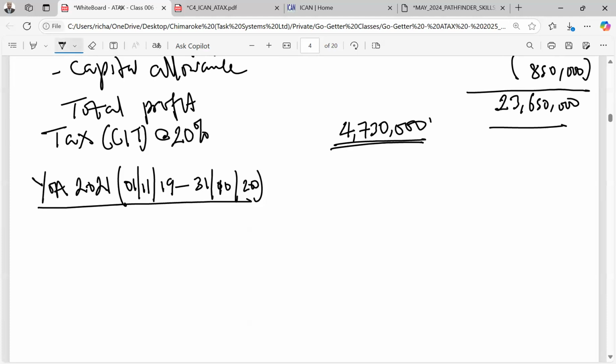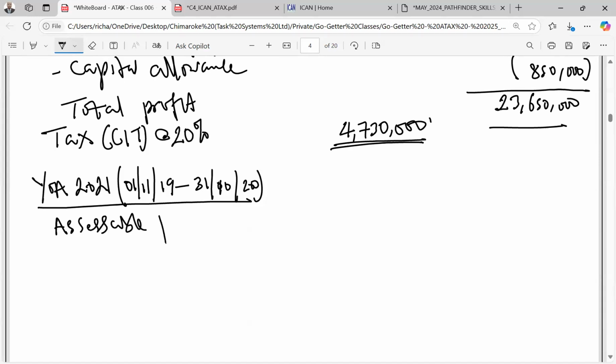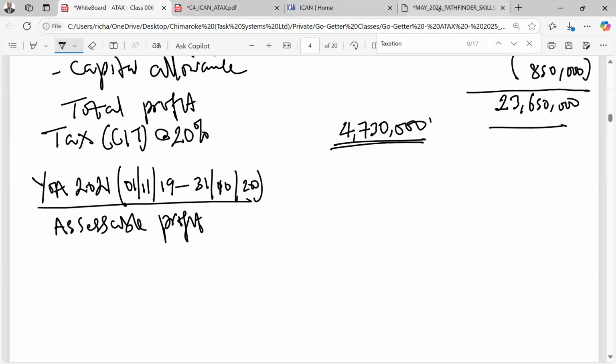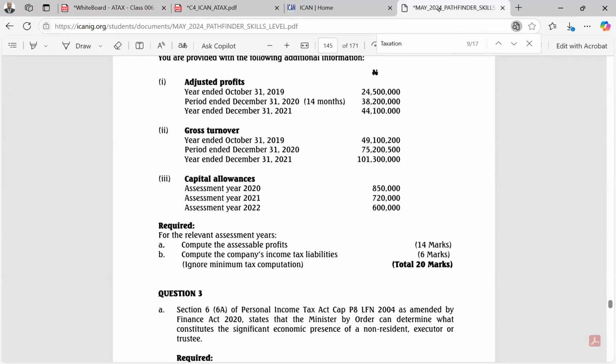So how do we get the assessable profit? The assessable profit is going to be done by workings. Did you see that this period is 14 months, starting from November 1 down to December?